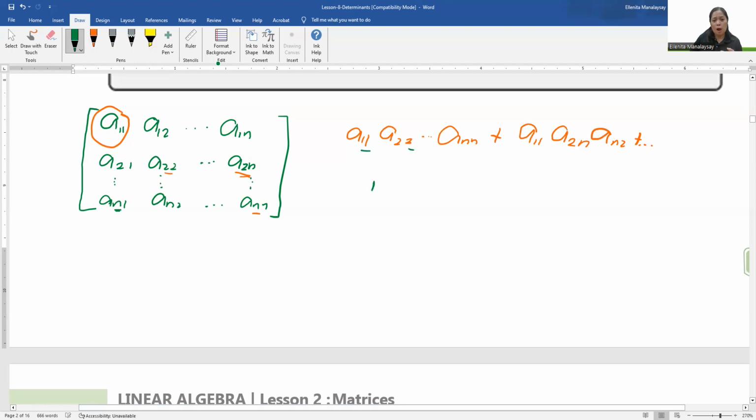So, this is 1, 2, up until n. For this one, we have 1, n, up until 2, and so on. Basically, that's the process. So let's consider, what if we have a 2 by 2 matrix?